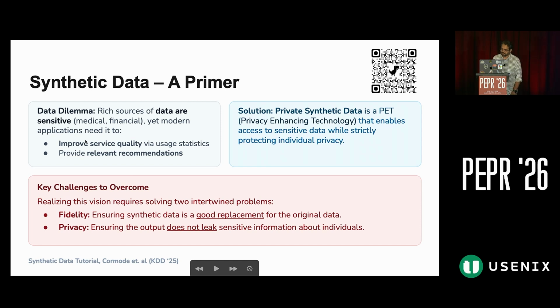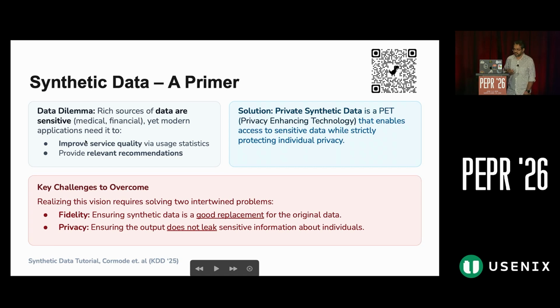And what we are proposing is that if you were to generate differentially private synthetic data, you will have the ability to access this data and use it for your downstream applications. And the key challenges here are how do you ensure these two things, right?